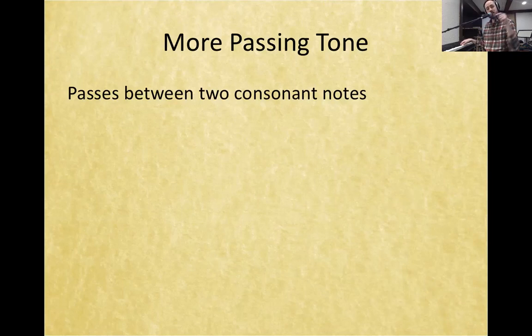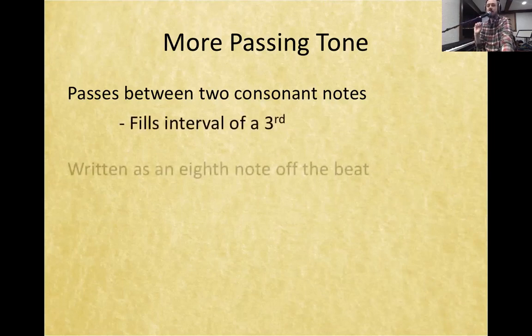So this note is the passing note between those two. And we know that the outer 2 notes need to be consonant, meaning they're going to be members of the chord that's happening. So we've just got one out-of-chord note in the middle with these 2 really solid notes on the outside. That's a passing tone, filling that interval of a third.